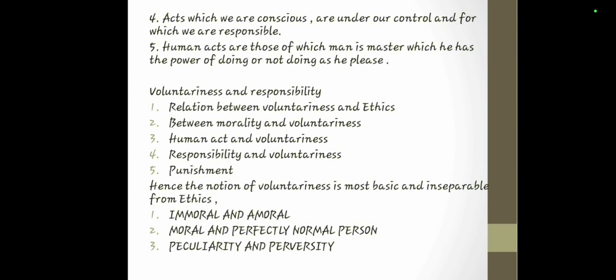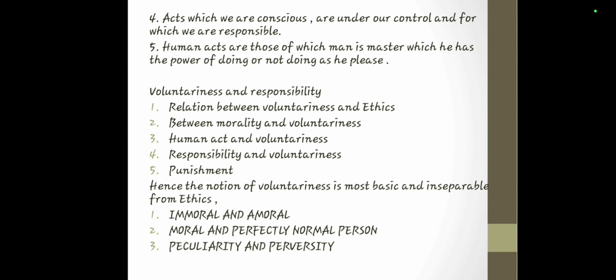So here in number two, between morality and voluntariness, we can only act voluntarily if we are actually humans, because if we try to figure out the morality of dogs and stones or even other animals, we cannot actually identify or explain it further because there is no such thing as freedom of will among those animals.